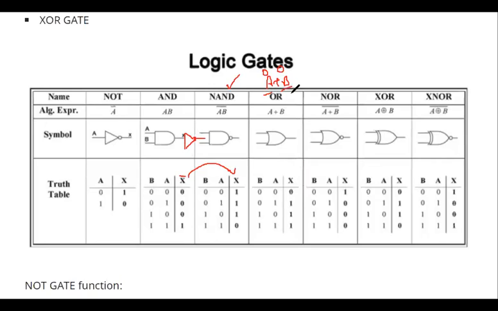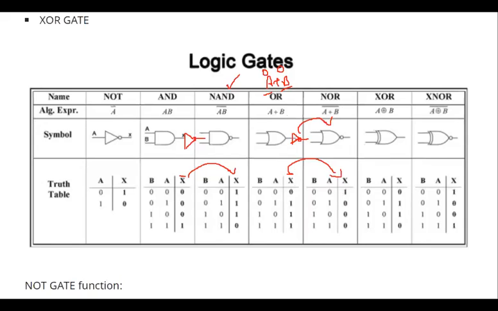It is just like your switch: if both are on, it will be on. It's not that 1 plus 1 will become 2. Now, if you put one NOT gate here, it will become the NOR gate. So the complement of X will be the output of the NOR gate.